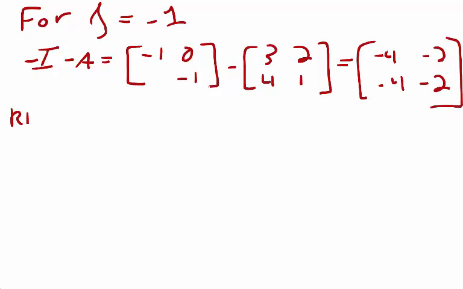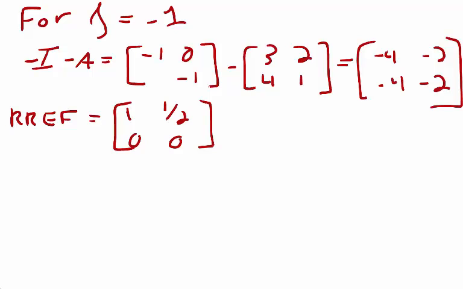Next, we want to take the reduced row echelon form of this matrix, and we end up with 1, 1/2, 0, 0.